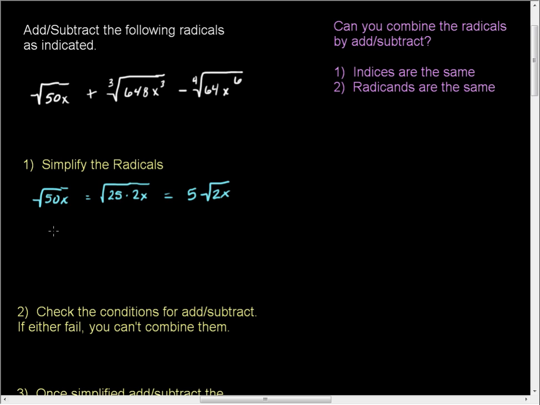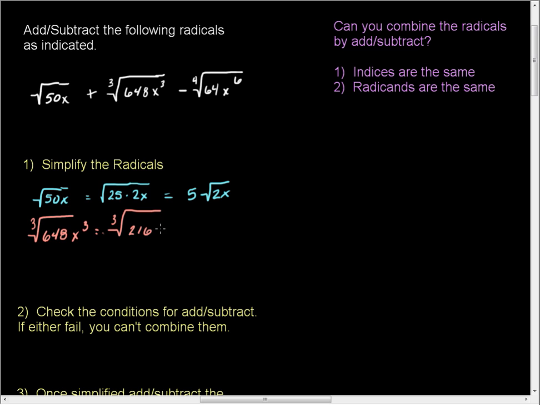On the next term, we have the cube root of 648x cubed. Now, this one might be a little tough, but if you've made a chart that lists all the squares up to 15, the cubes up to 10, and the fourth and fifth powers up to 5, you can check each one of those in the cube column, since we have the cube root, to see if any of those go into 648 evenly.